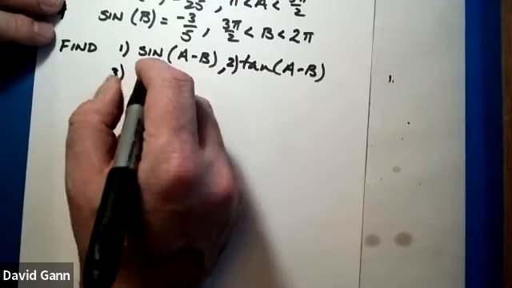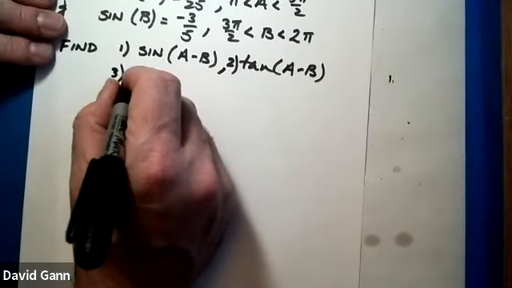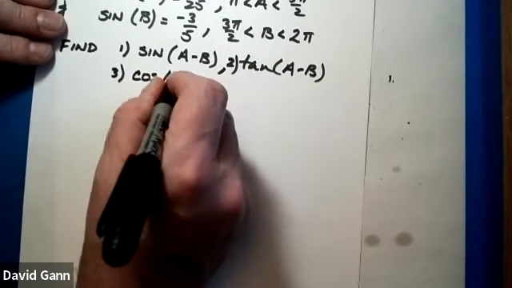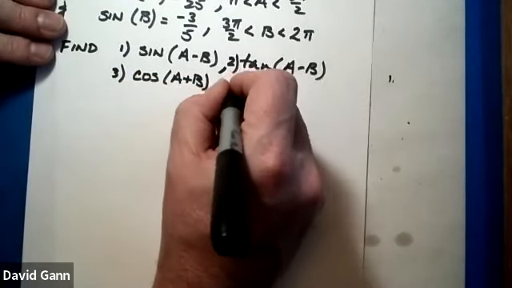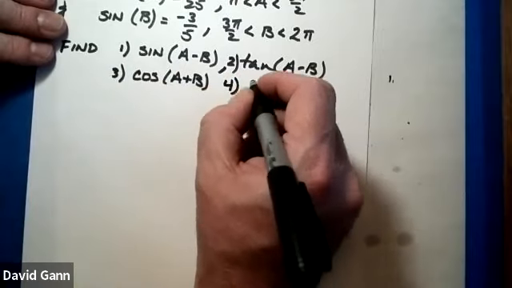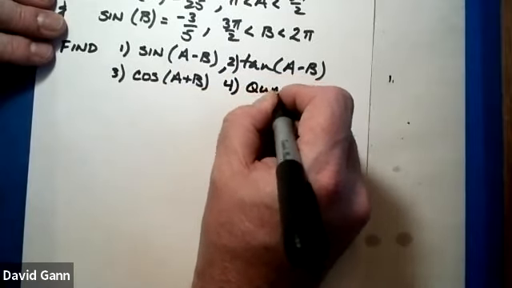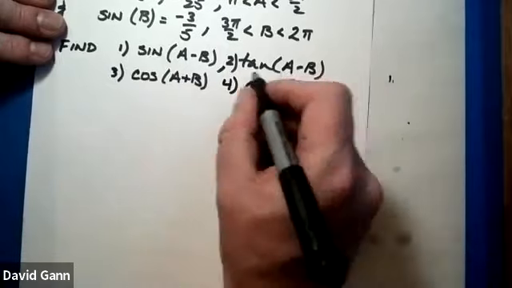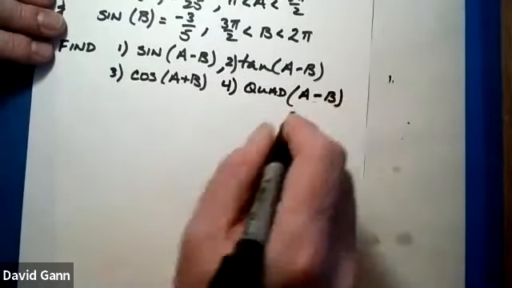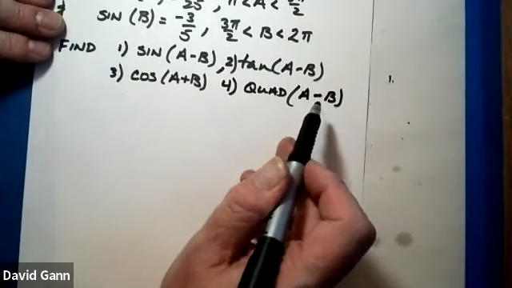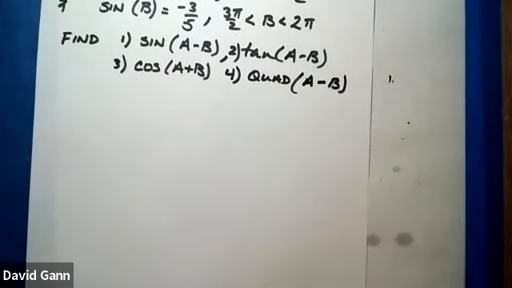How about cosine of the sum? And maybe what quadrant the difference is in, because I'll know enough by doing these here. Sort of a shorthand. Find the quadrant of the difference, A minus B.